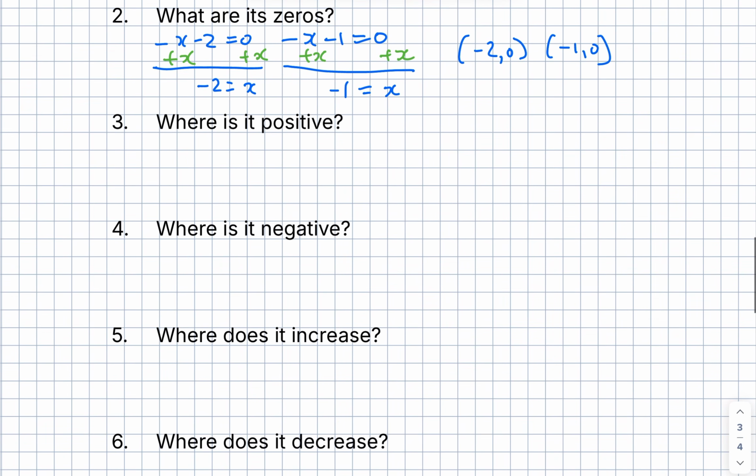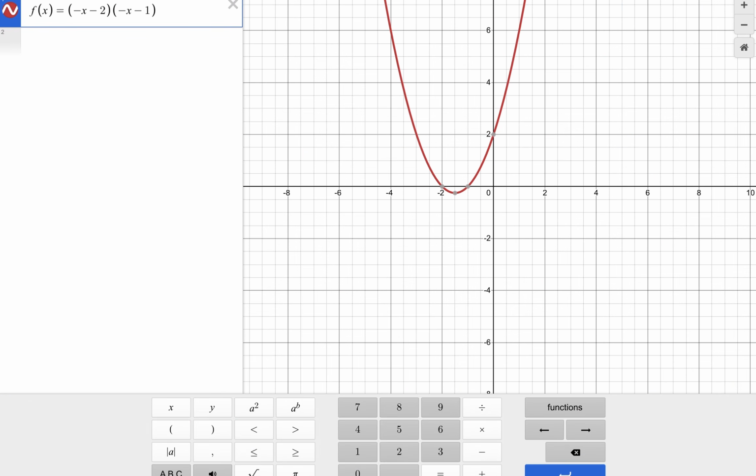Now where is it positive? Well, it's positive from negative infinity all the way to negative 2 on the x, okay? When x values are negative infinity to negative 2, all my y values are positive, and from negative 1 of my x value all the way to positive infinity, my y values are positive.